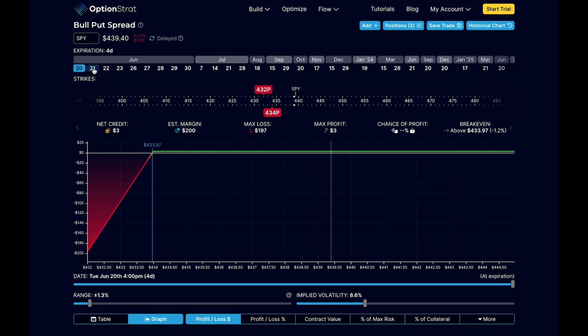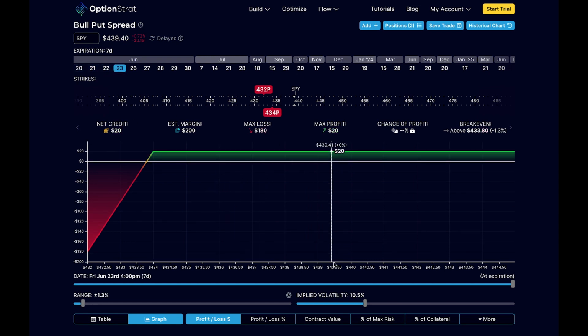So that would be 0, 1, 2, 3. That would be this one right here. So if we were to open it up, you'd see you'd get $20 for this. And then the margin or the collateral that you need is about $200. So since this is a bullish play, we just want the price to stay above our short put, 434. So as long as it stays anywhere above 434, we are good.